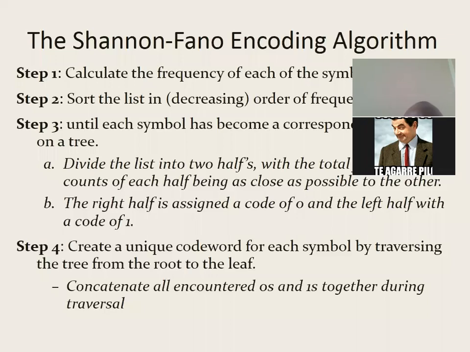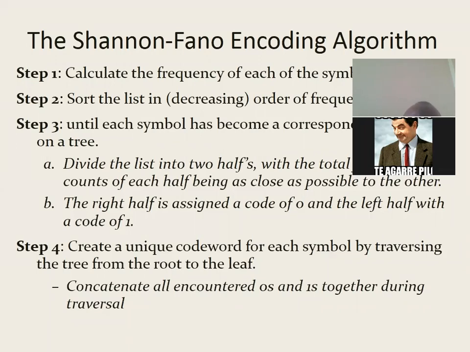Then we use those frequencies for compressing with either Huffman coding or Shannon-Fano encoding. Huffman encoding starts by taking every symbol as independent, and a tree is constructed for every symbol.